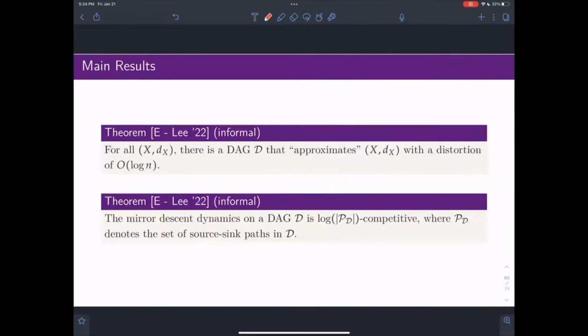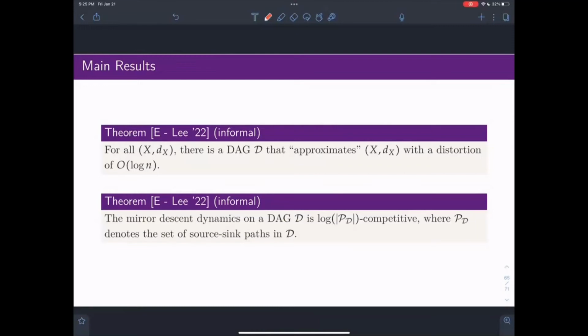And then we show that as long as the number of source-sink paths in this DAG is polynomially bounded in the number of points in the metric, then the dynamics is log n competitive. And by putting these two things together, we obtain that this dynamics on the DAG is log n squared competitive with respect to the original metric.